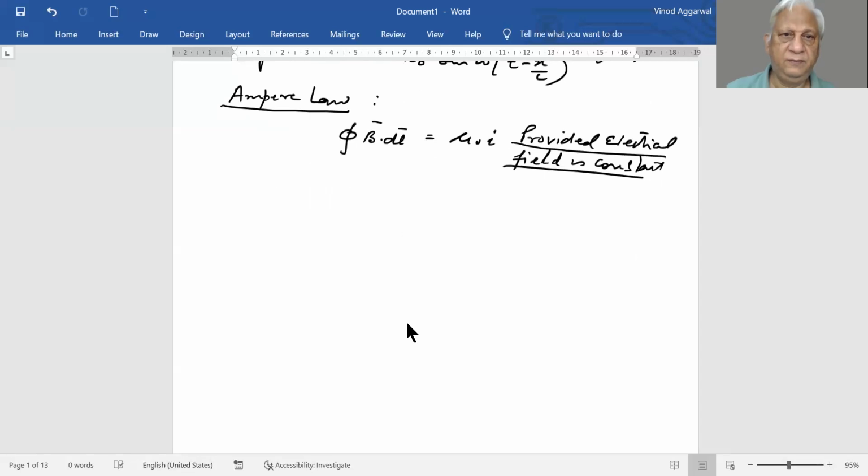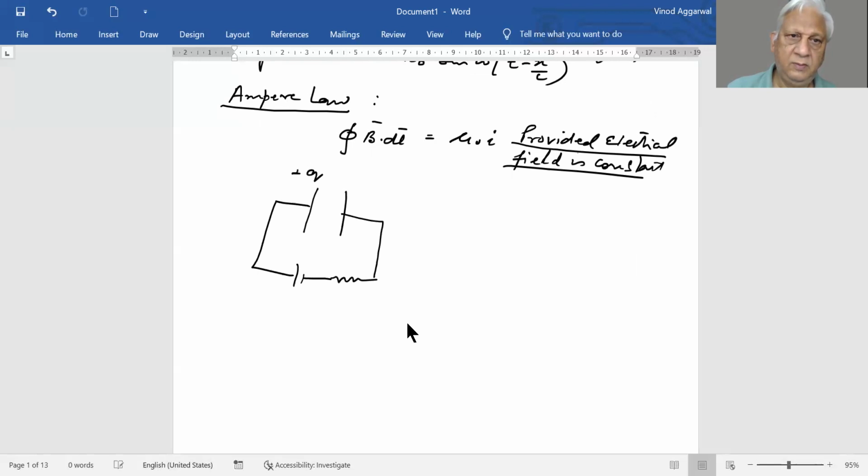Now, if you take the case of a parallel plate charging, maybe through a resistor or whatever, the charge on the parallel plates is not constant.